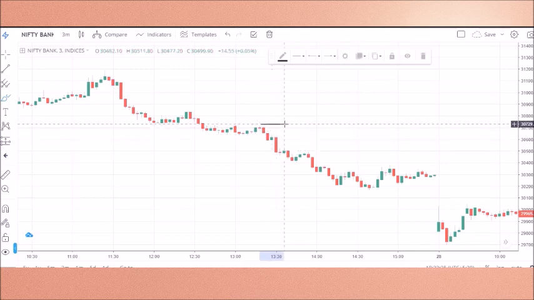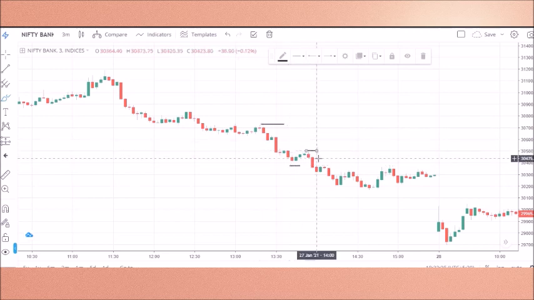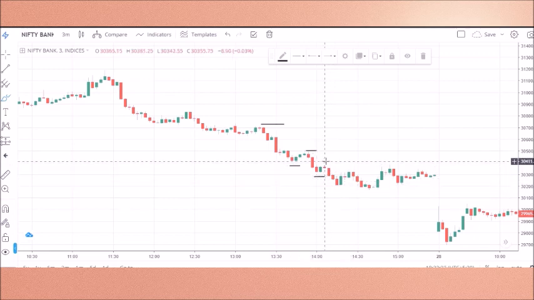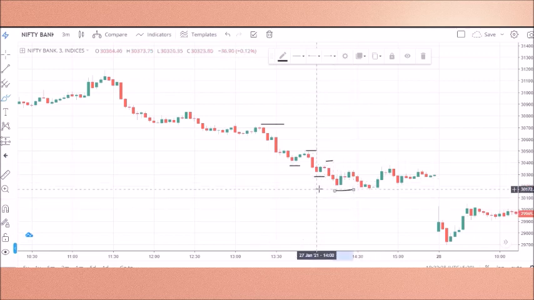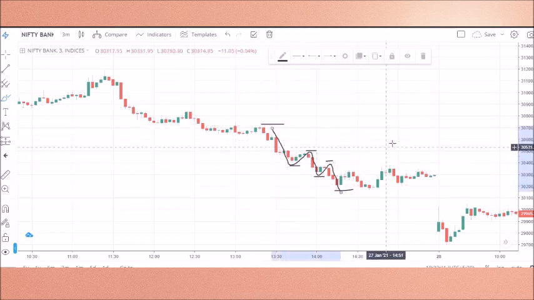See, high, low, lower high, lower low, again lower high, lower low, then you got the breakout. See, this is a clear downtrend.